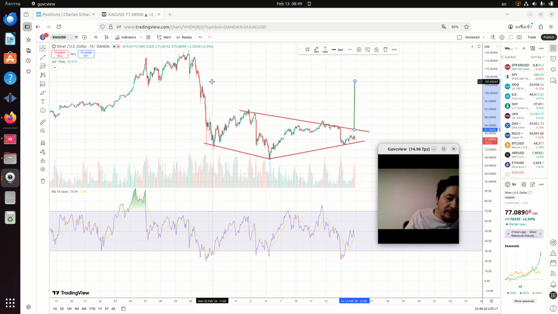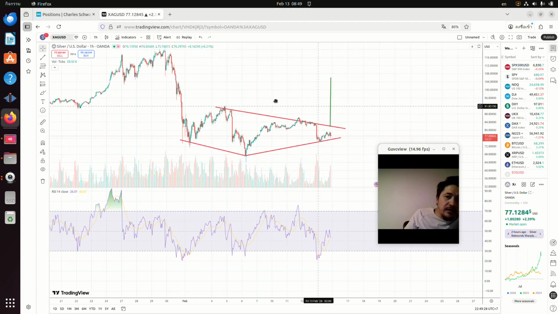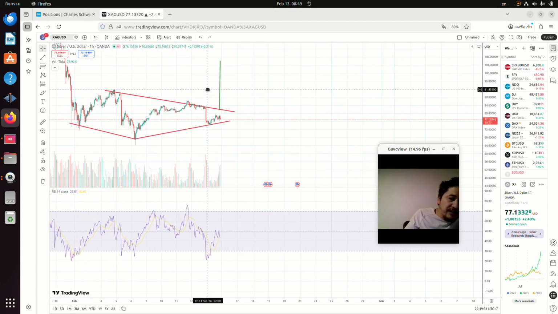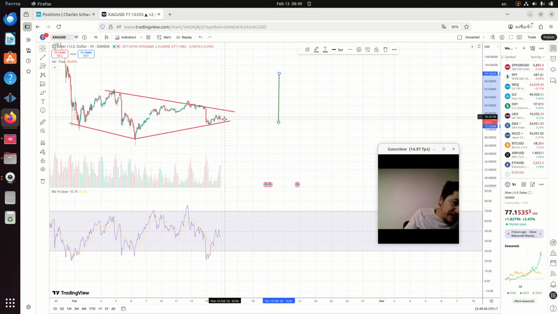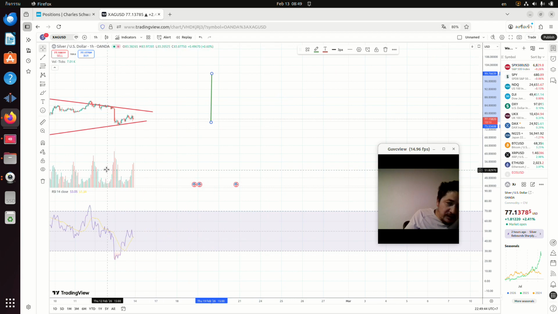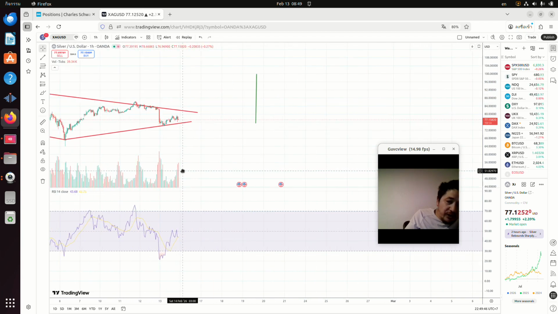Now, however, on the reverse side of things, if it doesn't break that resistance here, if it goes up, it tests, it gets rejected, and it comes right back down, or it never gets up there, let's say the sellers went out here, we're still watching the volume, which is what these red and green candles are, who's in control.